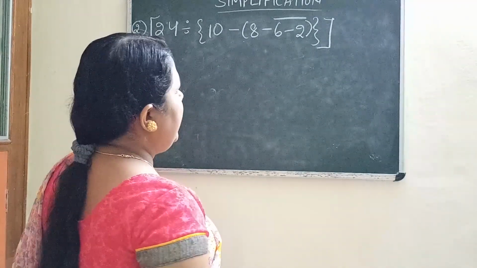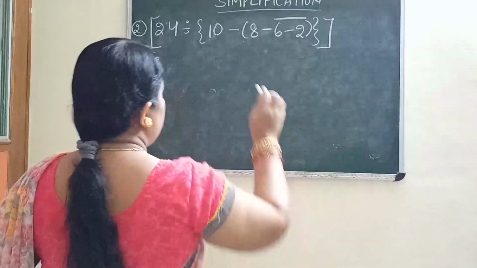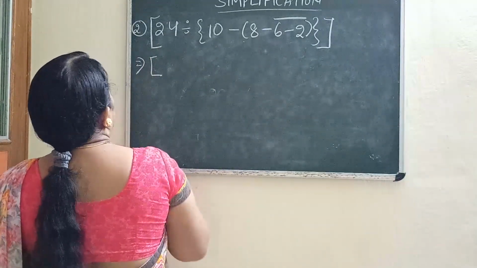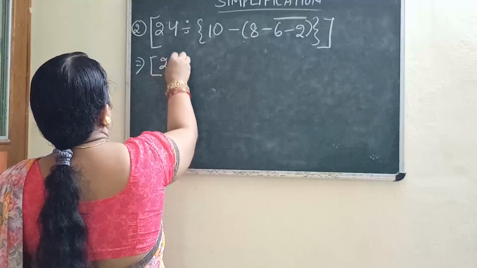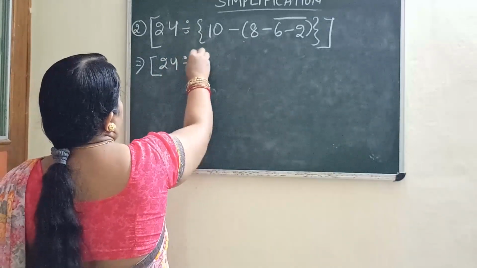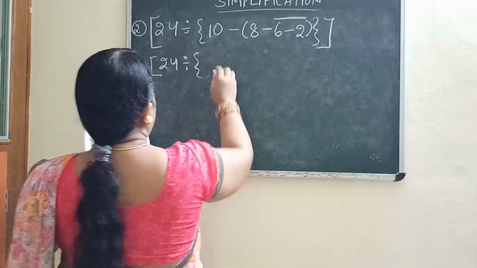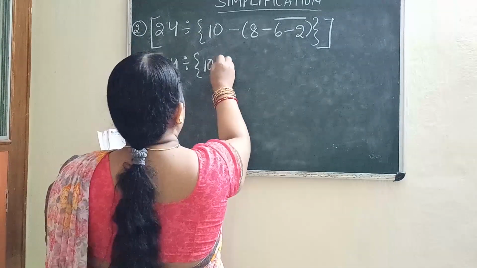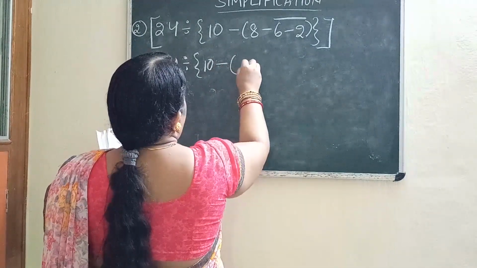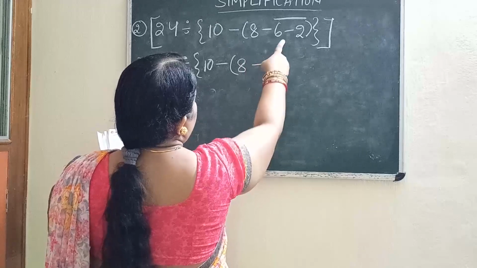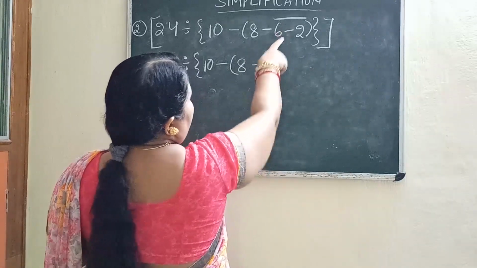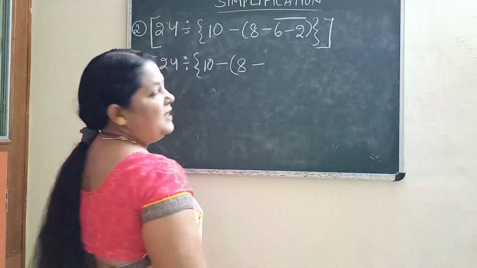Bracket, out of bracket, bar bracket is first. So beside this, 24 divided by, the rest you will write as it is, 10 minus bracket 8 minus, the bar bracket is present above 6 minus 2.